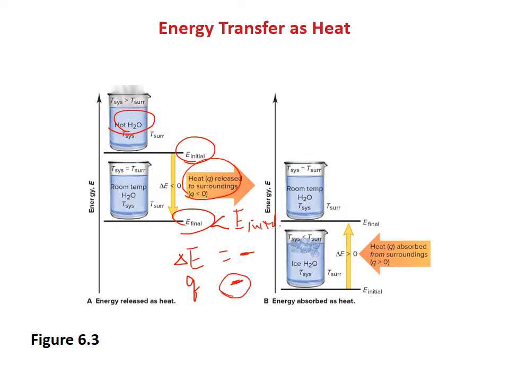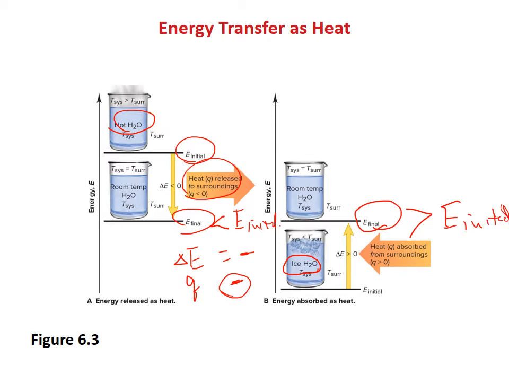On the right side, the system consists of ice and water, and the surroundings transfer energy as heat into the system, once again until the ice melts and the temperature of the water and the surroundings becomes equal. In this case, heat flows in, so the final energy of the system is higher than the initial energy.